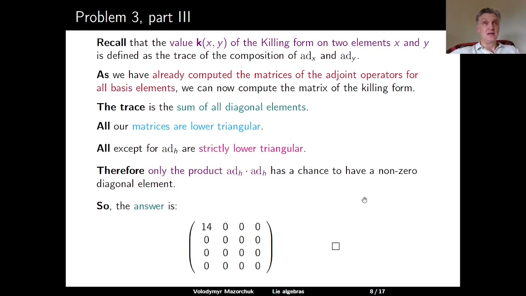This means that in the matrix of the Killing form we will have all zeros except for the position 1,1, where we have the trace of the square of ad h. And when we square a diagonal matrix, on the diagonal we just have the squares, so we'll have 0, 1, 4, and 9, and the sum of these is 14. So the answer is the matrix where we have 14 in the position 1,1, and the rest is 0.